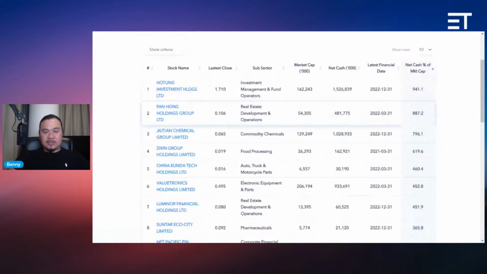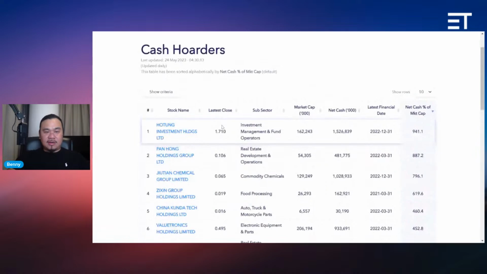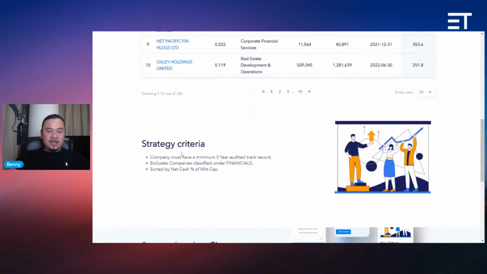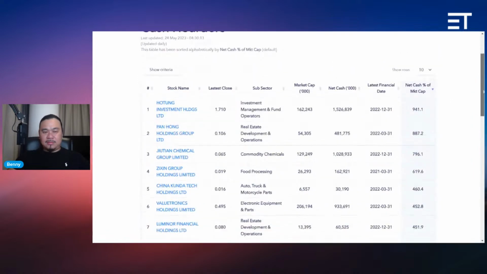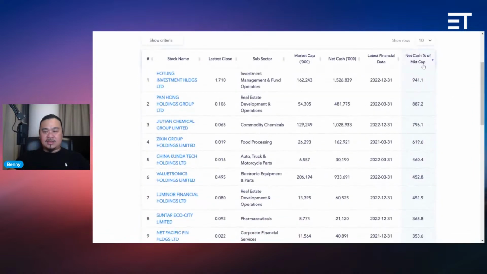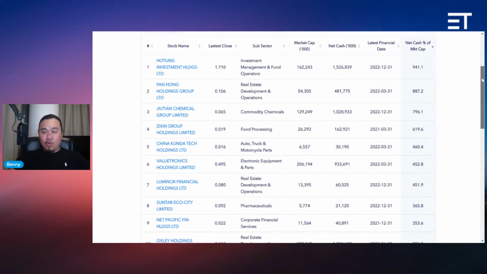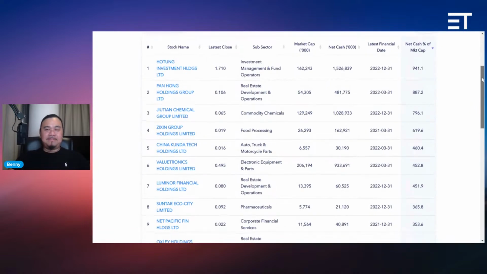So for example, cash hoarders are companies that must have 5 years of track record, of course. Okay, it's sorted by net cash percentage of the market cap. All right. So that means that this company has 940% of the market cap in terms of cash. They have 9 times more cash than its market cap.